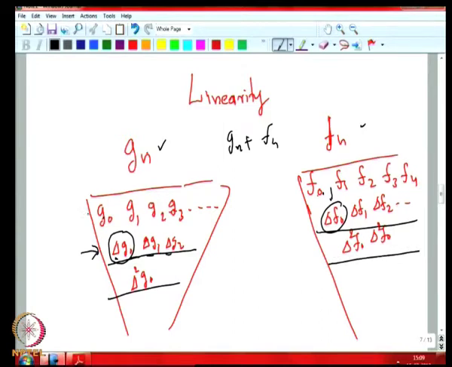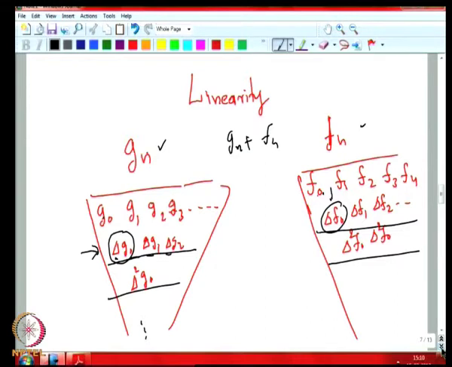Similarly, if you multiply the first row of the difference table by a constant, every term is multiplied, then all the coming rows also will get that multiplier, and then when you want to add them together, naturally we can add the tables. That is what it says if you want to visualize using the tables.